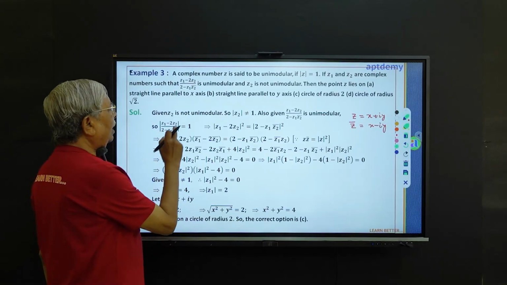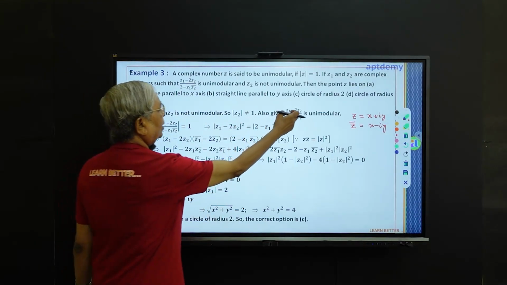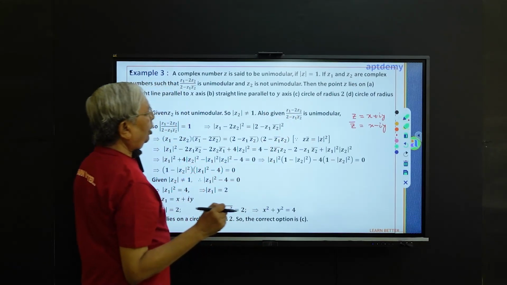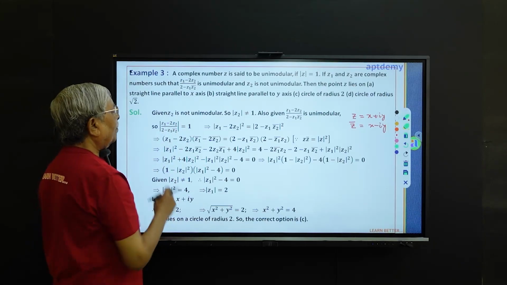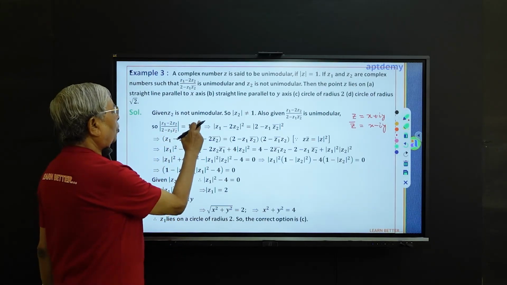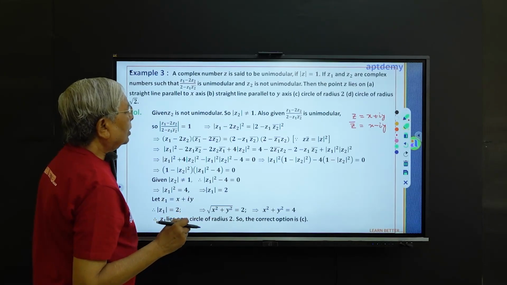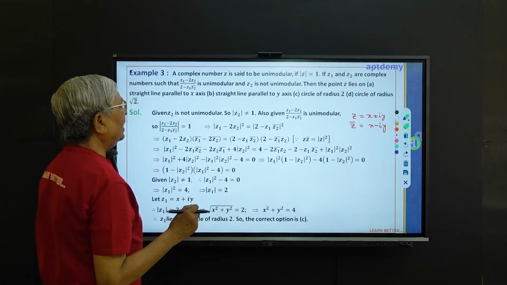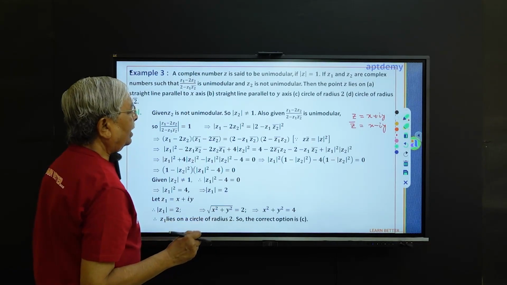Now you are given that this is unimodular. That means the modulus of (z1 minus 2z2) by (2 minus z1 into z2 bar) is equal to 1. So we can write mod of (z1 minus 2z2) whole square is equal to mod of (2 minus z1 into z2 bar) whole square.